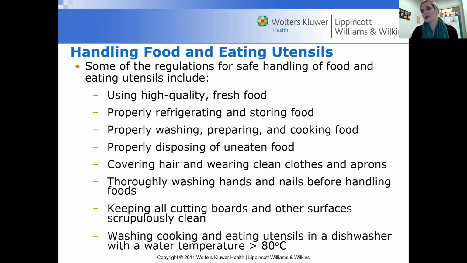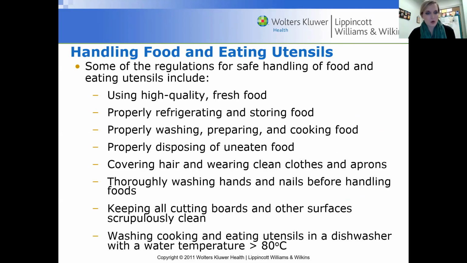So some other ways that we can make sure that we are preventing the spread of infection throughout these healthcare settings: we need to make sure we handle food and eating utensils properly. Some of the regulations for safe handling of food and eating utensils would include, one, making sure we're using high quality fresh food, nothing that's been sitting out for a while or something that's expired.